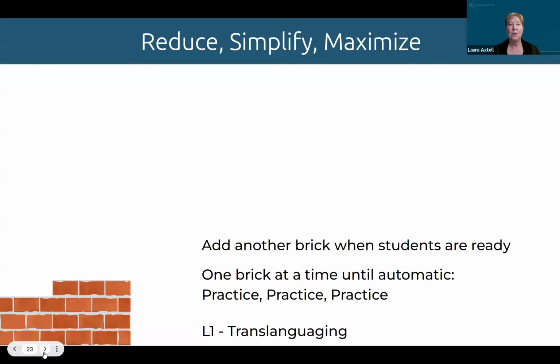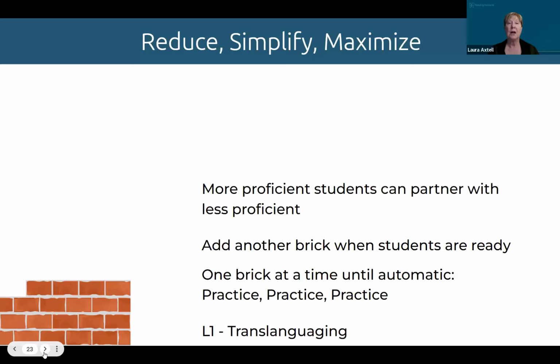And so you add a brick when students are ready, which means you're going to have students all over the place because students are ready at different times based on everything we talked about. I am going to talk about dyslexia at the end, and that's another factor. One easy way, if you don't have bilingual students or teachers in the class or paraprofessionals, etc., is to pair more proficient students with students who are less proficient.